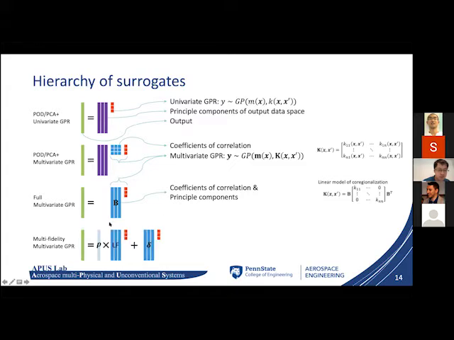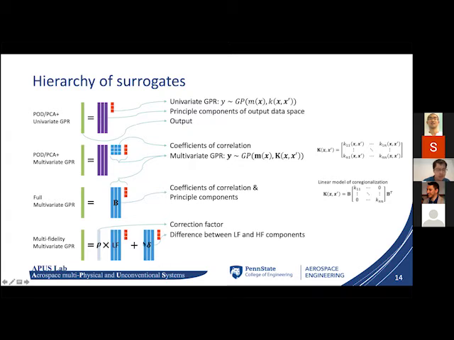Now, if we go further, then we can introduce the effect of multiple fidelity data. And here we put an example for just two sets of fidelities. We start with a low fidelity component, which is still a multivariate GPR. And then we multiply with a correction factor.